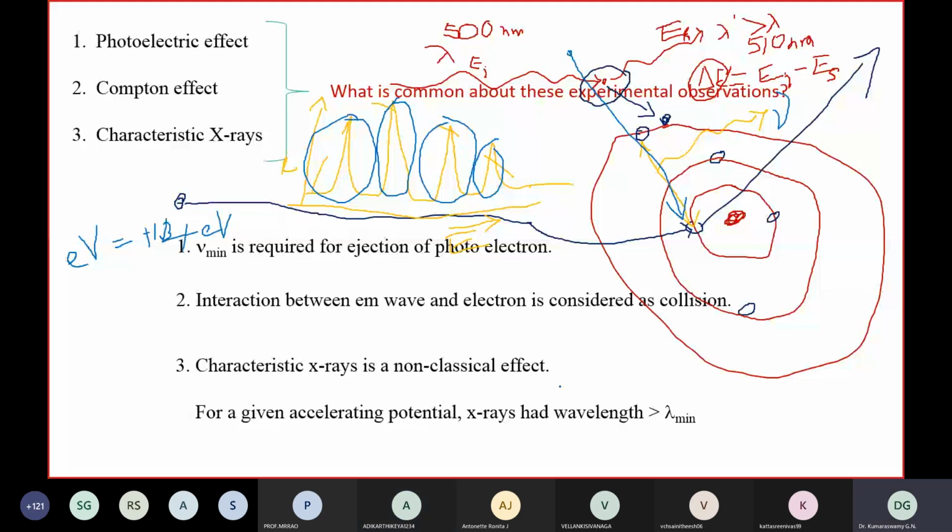Can you repeat, sir? High energy electrons incident on a material knock off the core electrons of atoms. Core electrons means either K or L shell only.